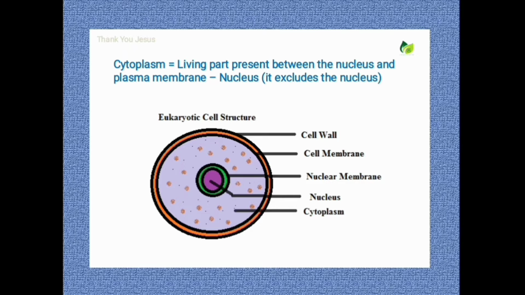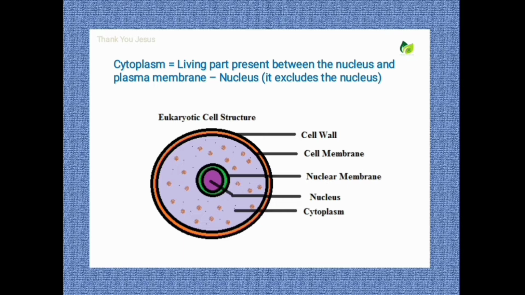Here I have mentioned cytoplasm is equal to living part present between the nucleus and the plasma membrane minus nucleus. That means it excludes the nucleus. Cytoplasm is also a transparent, viscous, colorless fluid. It is rich in water, containing 90% water.